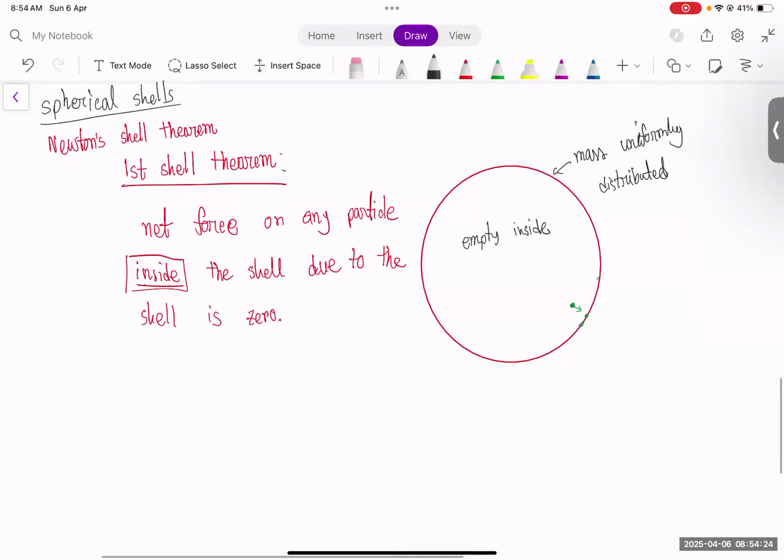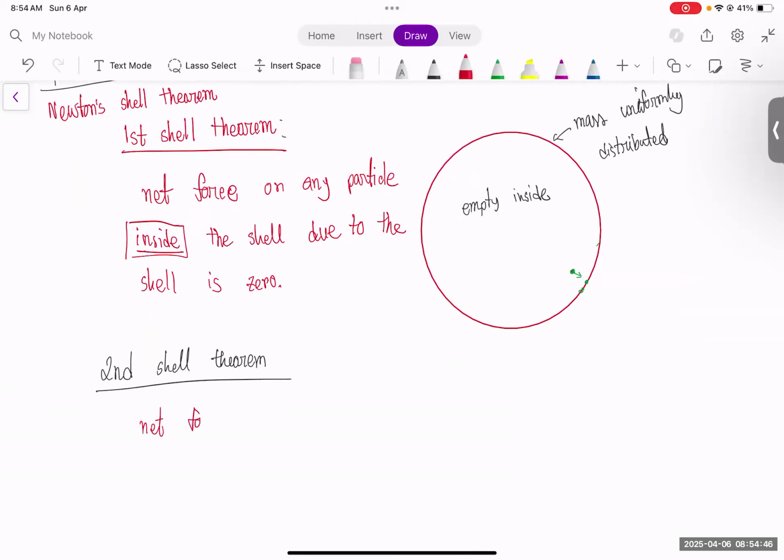Okay, so what about the second shell theorem? Second shell theorem idea same. You have a spherical shell that is empty inside and the mass is uniformly distributed, but now your particle is outside.